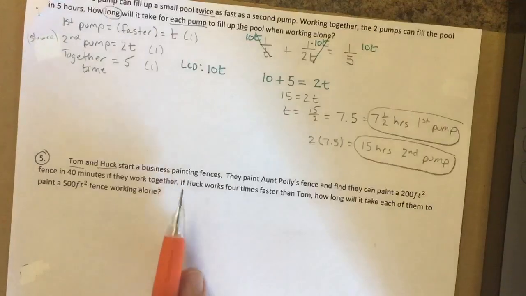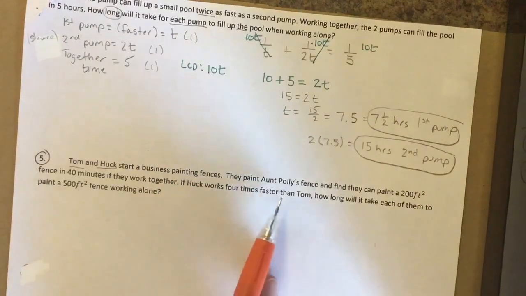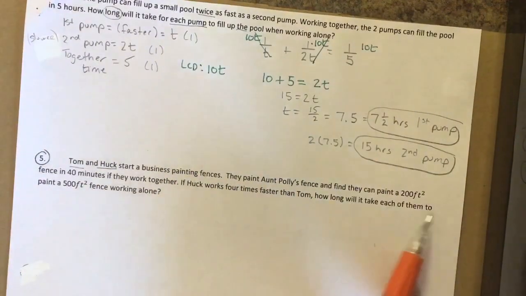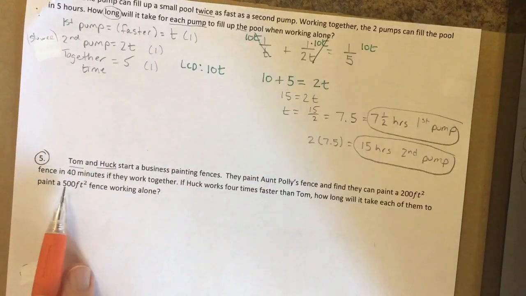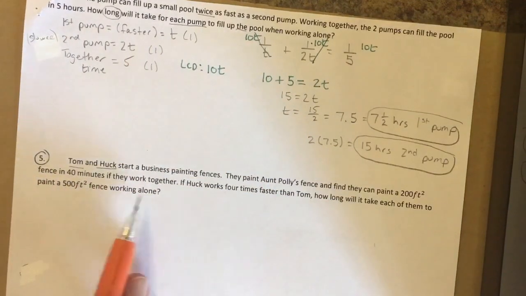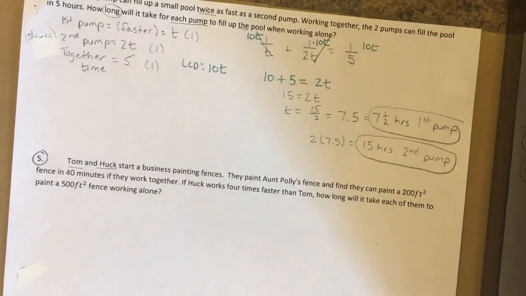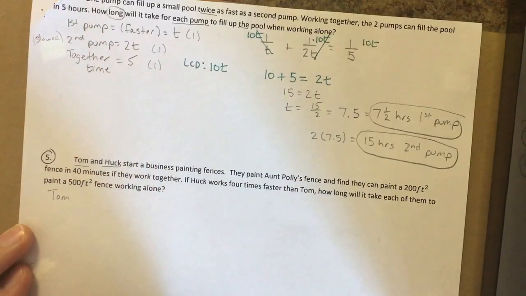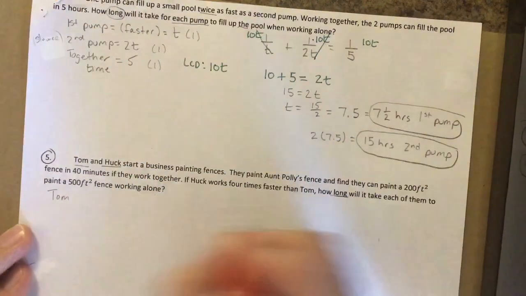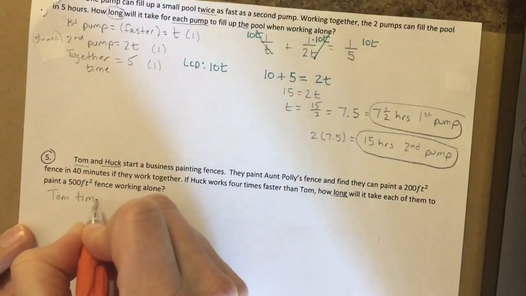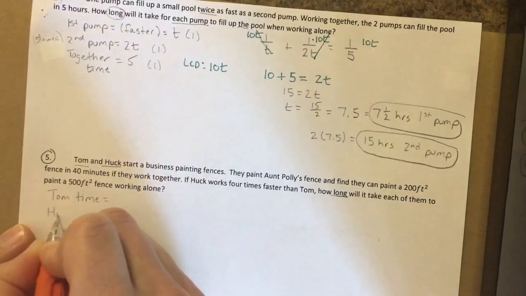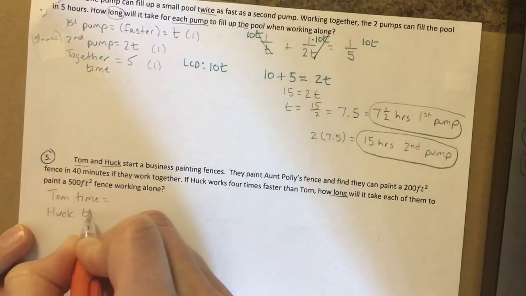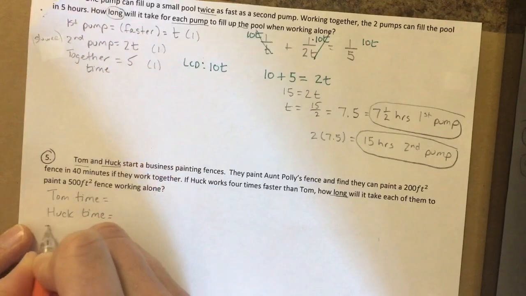Now, if Huck works 4 times faster than Tom, how long will it take each of them to paint 500 square feet of fence working alone? So what have we got? We're looking for time, if he works alone. We've got Huck's time, alone, and together.